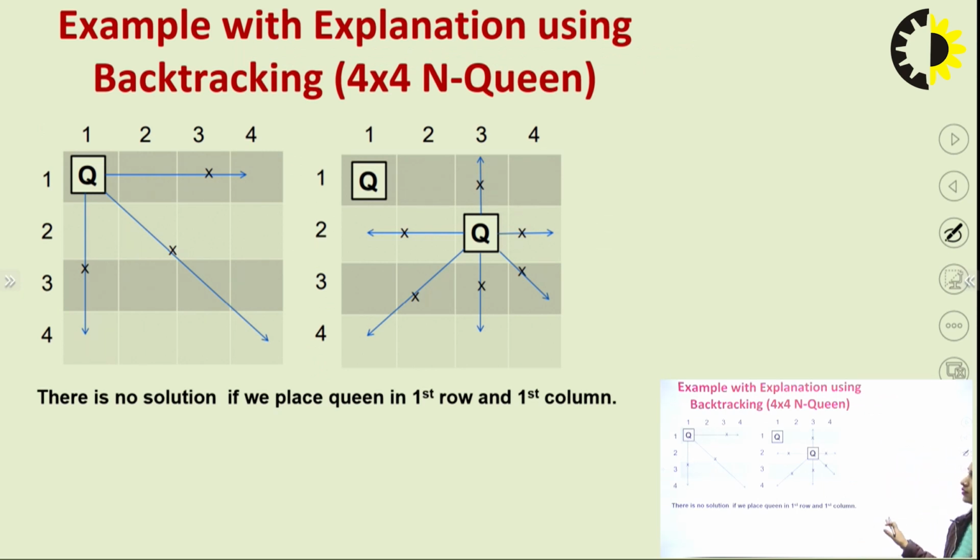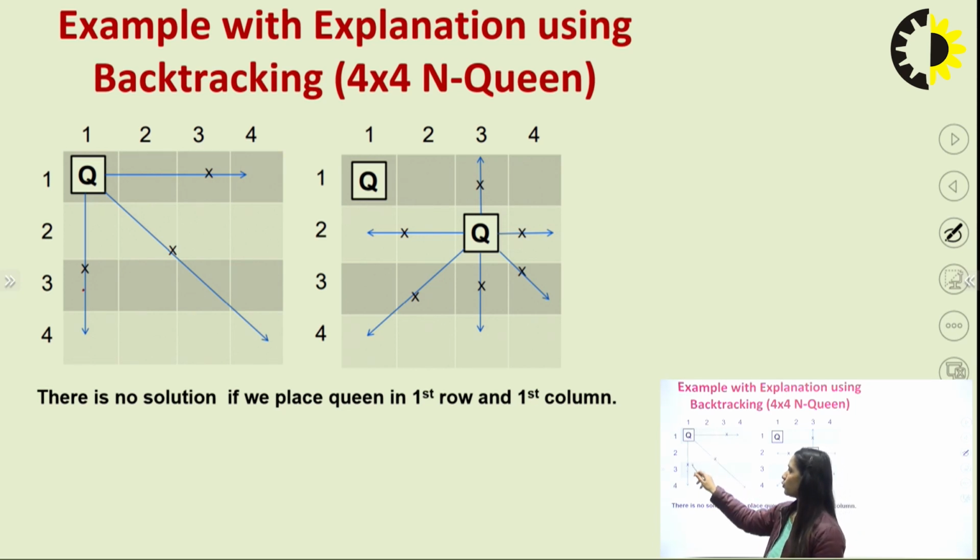So this is the 4 by 4 N-Queen problem, which I am going to discuss using the backtracking method. How do we solve this by backtracking? See, in 4 by 4, if I put the first queen in the first row, first column, I cannot put the next queen in this row, in this column, and diagonally.